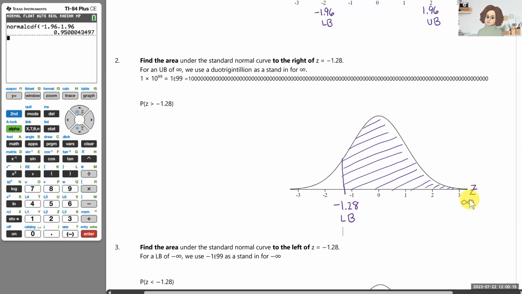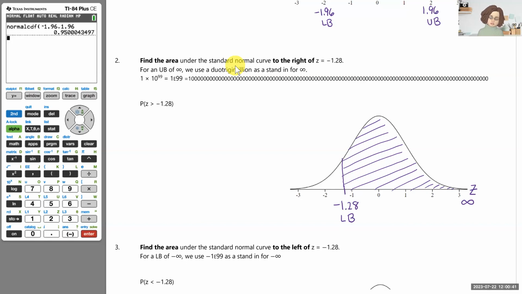So what we do is we pick a number so big that when we're looking for the area, we'll get the accuracy we desire. We're going to pick a number very large, and the number we pick is going to be a 1 followed by 99 zeros. That is a pretty huge number. It's called a duotrigintillion, fancy name there, and we'll just use that as our stand-in for infinity.